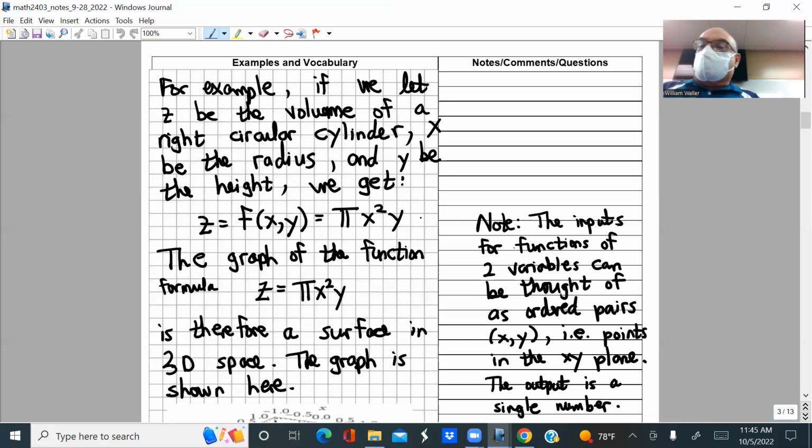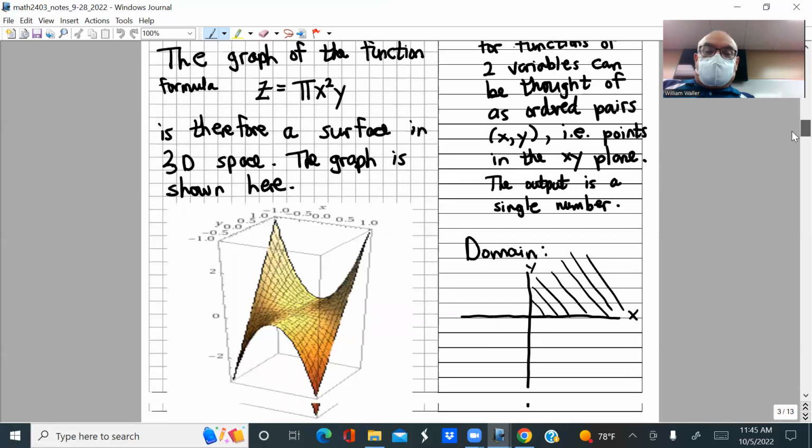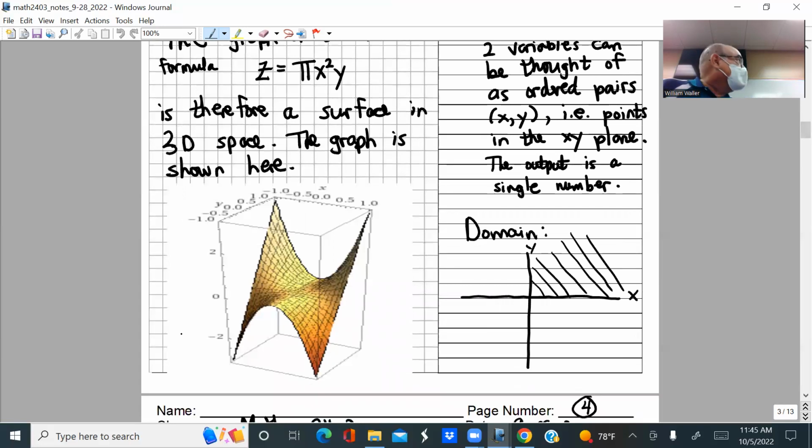It does give you a nice surface, though, when you graph this equation. I think I've got the surface graph there. There it is. That's just a piece of that surface, and if you look at that, you'll see it doesn't in fact match any of the quadratic surfaces.